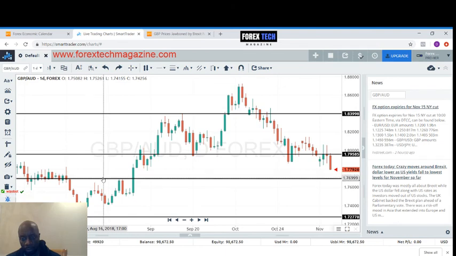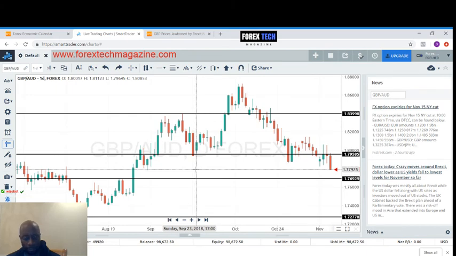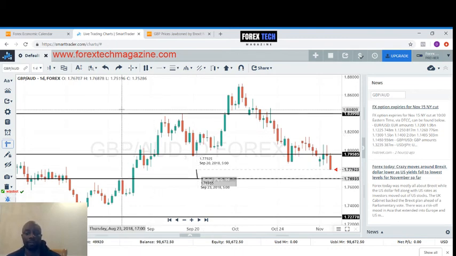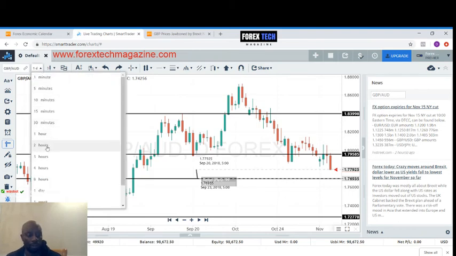Right, we have support coming up here. And how many pips away is support? A little under 100 pips away. Might not be bad, right? At least for a day or so.